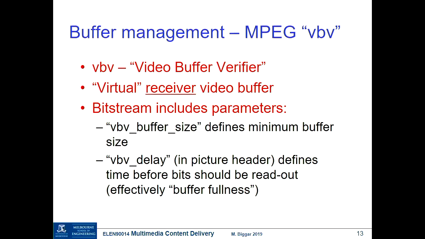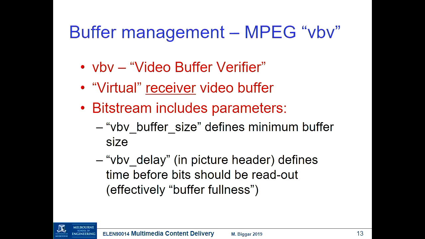And the second parameter is this VBV delay, which is saying you should wait this amount of time before you start decoding and displaying. Okay, so that's the way that we can pre-load the decoder buffer before we start reading out and displaying, decoding and rendering.